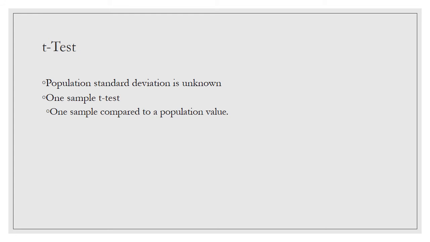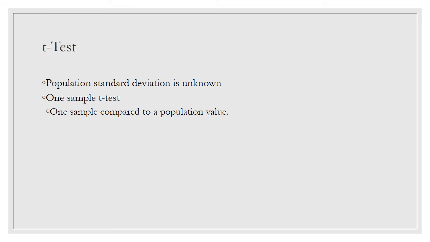Often, even with a one-sample t-test, we don't absolutely know a population value, but we may hypothesize one. For example, if I know IQ scores on average are around 100, I may use that as my population value.